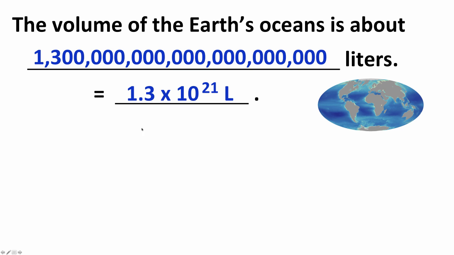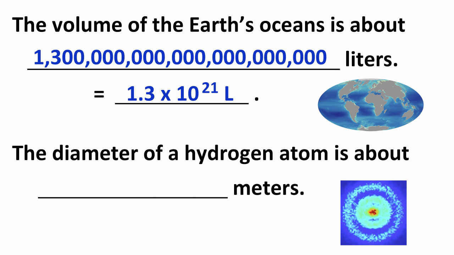Now, note when we do scientific notation, we're always going to have a number that's 1 or bigger, but less than 10, and then times 10 to the appropriate power. And of course, we can use scientific notation for very, very small values, like the diameter of a hydrogen atom, which is about 0.0000000000074 meters.